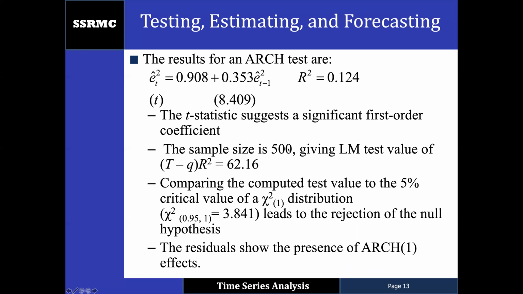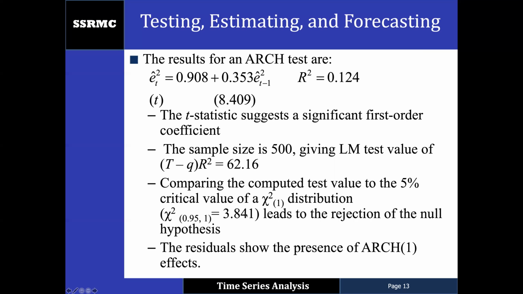From the LM test, the test statistic is 62.16. It depends on the number of lags, the R squared, and the number of observations from the regression. Then we have the test statistic that's significantly above the critical value, which is 3.841.